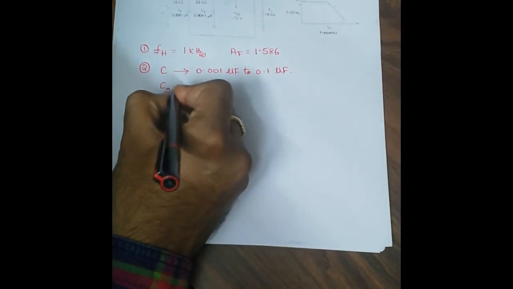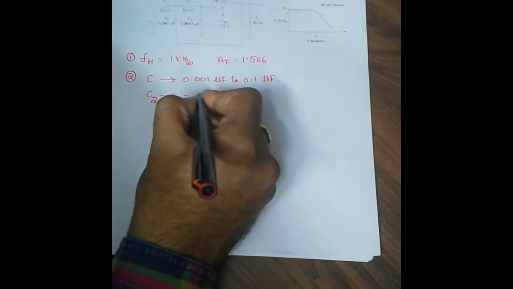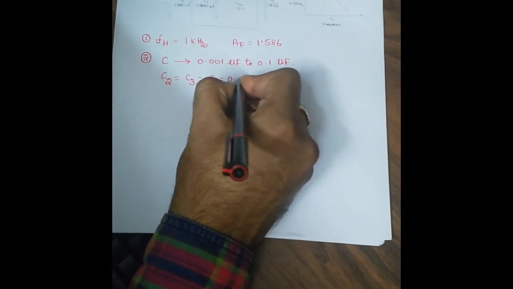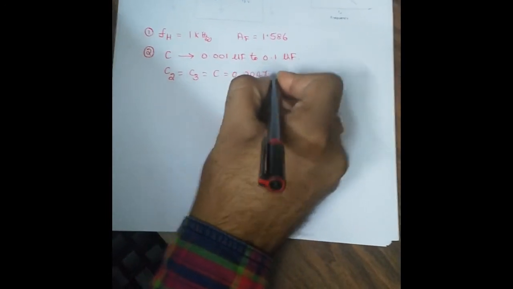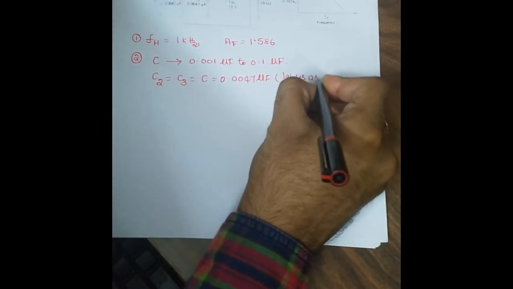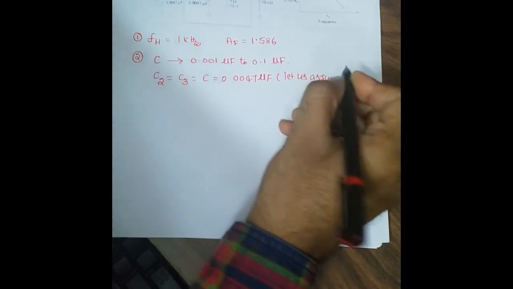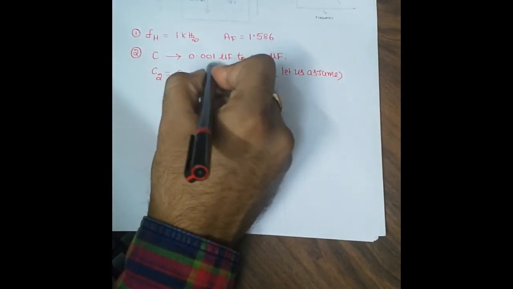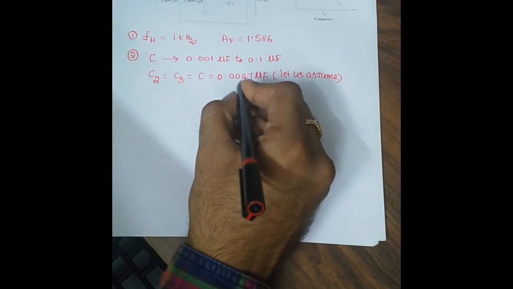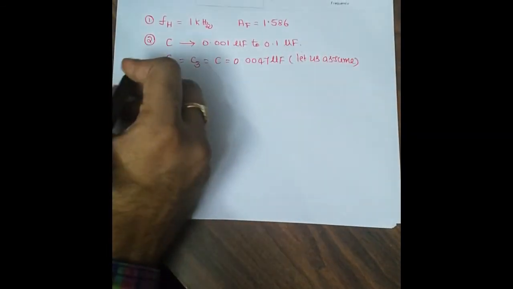So I will select C2 equal to C3 equal to C, and I am selecting it as 0.0047 microfarad. Let us assume; you may take any value between 0.01 microfarad to 0.1 microfarad. I had selected it as 0.0047 microfarad.